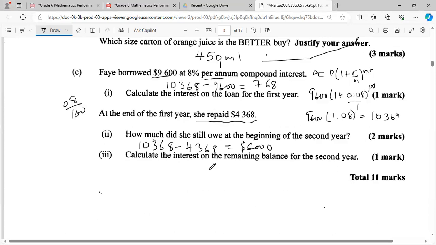Alright, then they say calculate the interest on the remaining balance for the second year. So she owes 6,000, and the interest is what? 8% per year.